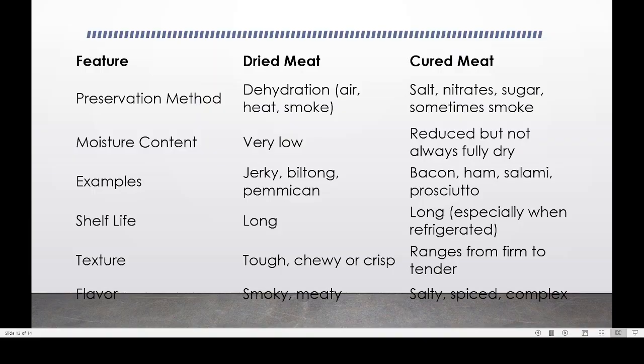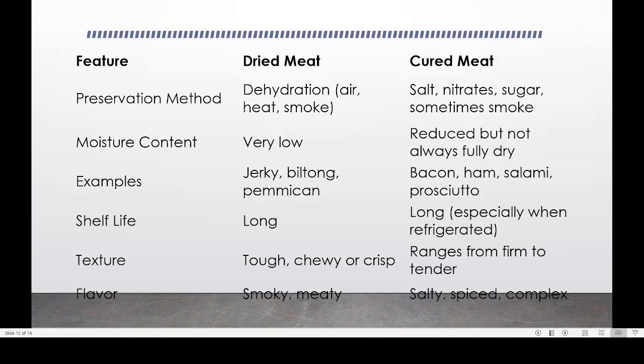What are the preservation methods for meat? It is dehydration for dried meat, and for cured meat we will be using salt, nitrate or sugar, or sometimes smoke. Depending on the amount of moisture, dried meat will have a very low amount of moisture. But in cured meat, the moisture is still reduced, but it is not always fully dry.